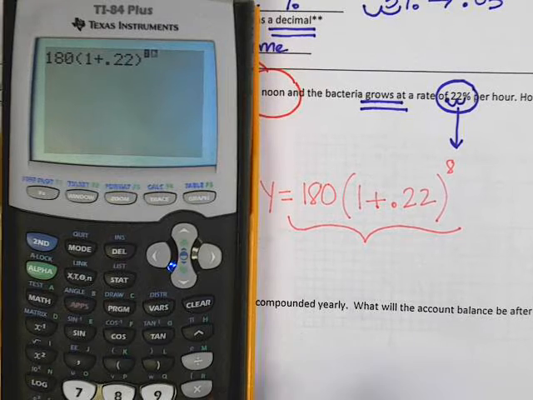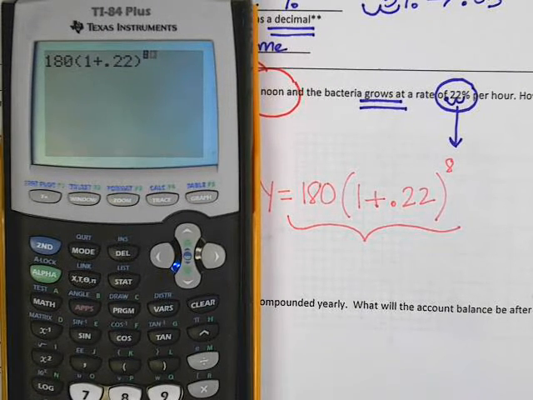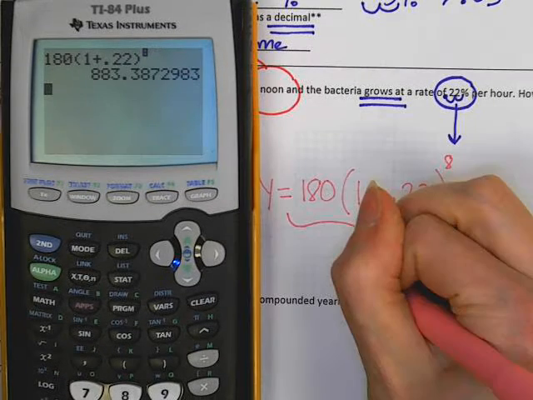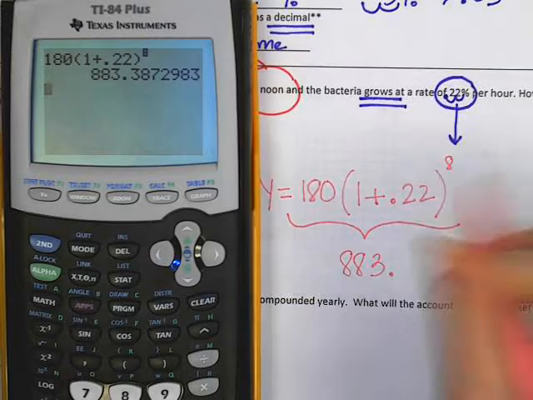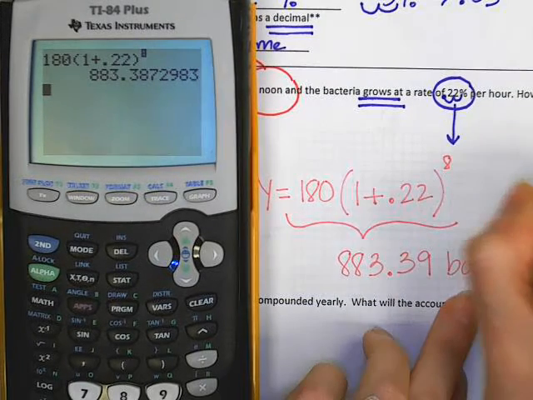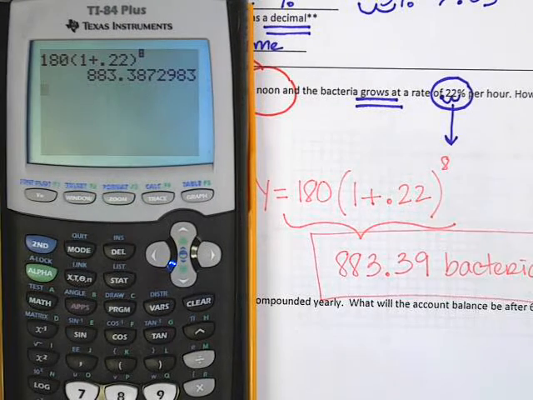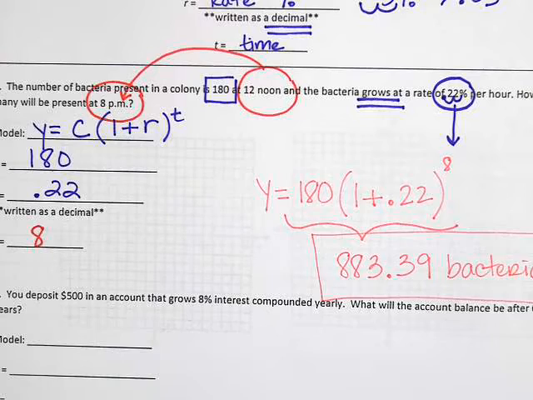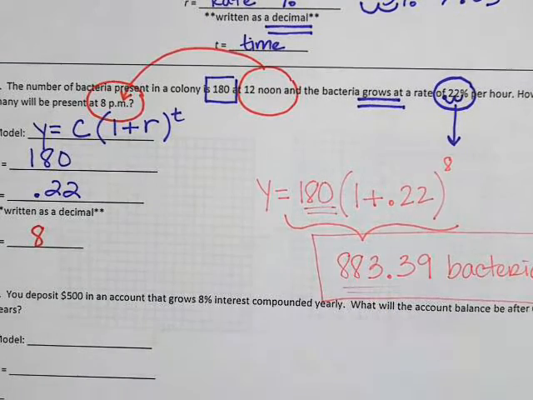Make sure you do parentheses. You've got to be careful how you type this in. And it looks like we have about 883, let's round to the nearest hundredth, 883.39 bacteria. I don't know what the unit for bacteria is, so we'll just call it bacteria. See how much it grew? It grew from 180 to like 800 something.